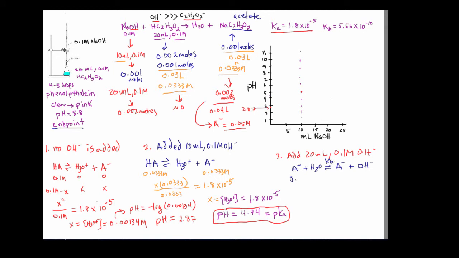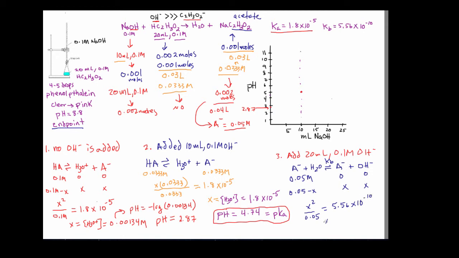So we have 0.05 molar of A minus, 0 of this and 0 of that. Then we're going to have 0.05 minus X, then X and X. So X squared over 0.05 is equal to, now we need the Kb, so it's going to be 5.56 times 10 to the minus 10th.